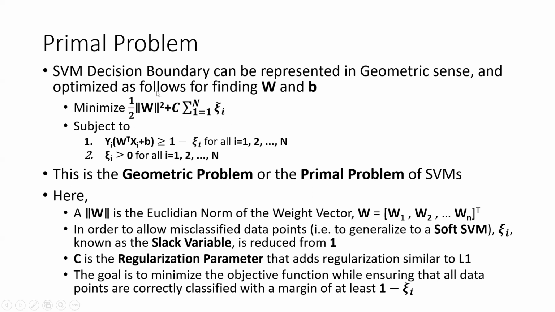In order to find the solution for this support vector machine, or find the values for W and B, or in other words find the decision boundary, we are going to minimize this function subject to yi w transpose xi plus b, which is greater than or equal to 1 minus psi i, where i is 1 to n, and psi i is a positive or 0 value.